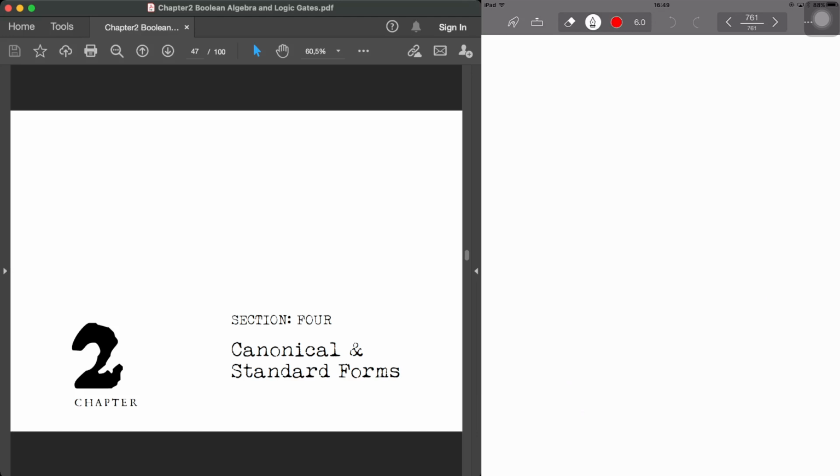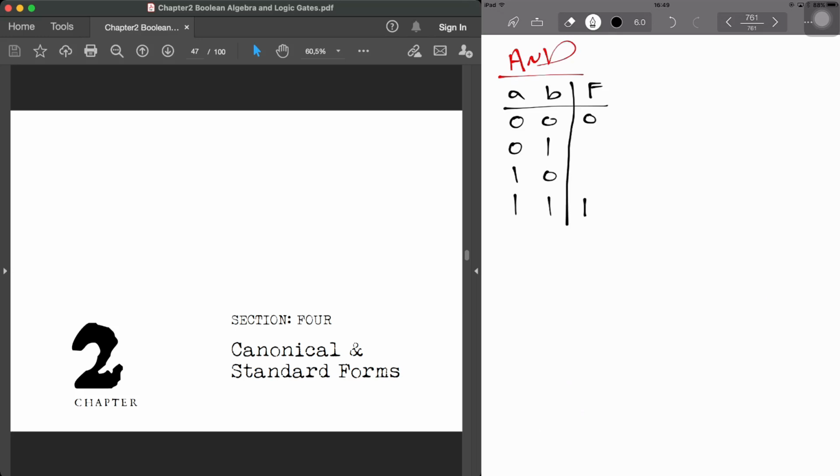Let's say we have the AND operation, and this is important. A, B, and let's say we have F as an output. What do we know? 0 0, 0 1, 1 0, 1 1 for two variables, four possible combinations. F is going to be 1 when both inputs are 1, and the rest will be 0.